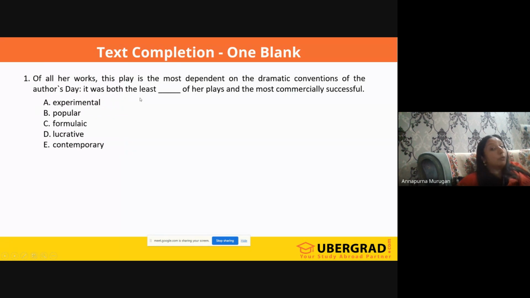It was both the least experimental. Least experimental means something common. We are not doing any trying and tested there. So that is the common day that was narrated in the play, and that gave the most successful year. Got it? So that is how we need to pick up the ideas here.